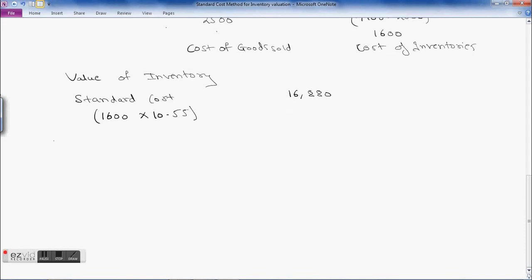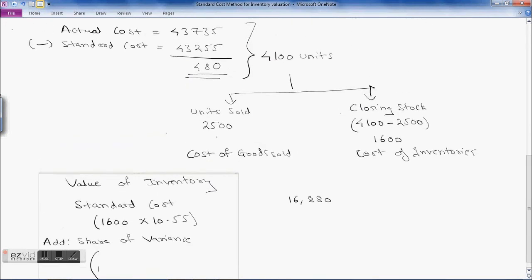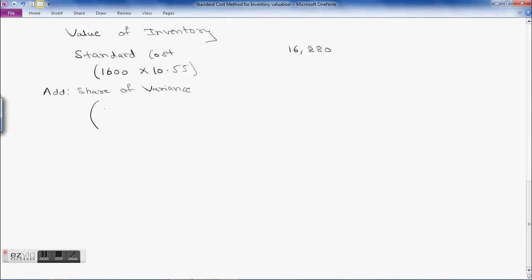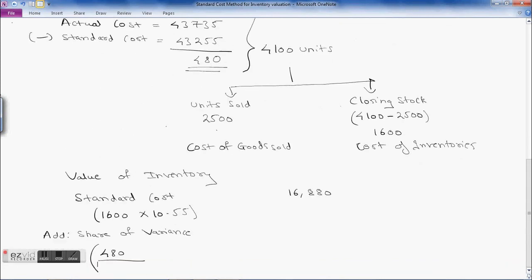Now since the actual cost is greater than the standard cost, the variance between the actual cost and standard cost will be allocated proportionately between the cost of inventory and cost of goods sold. So add the share of variance. The total variance is 480 rupees, and this 480 is for 4100 units.